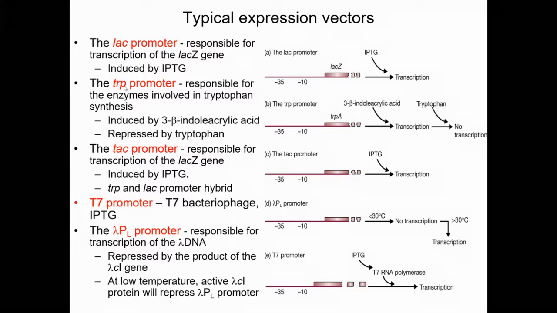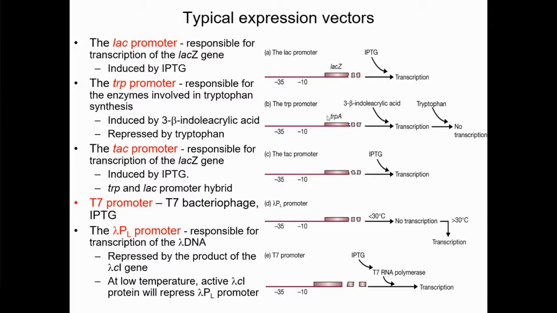Sometimes we also use the trp promoter. The trp promoter is responsible for the production of the amino acid tryptophan.